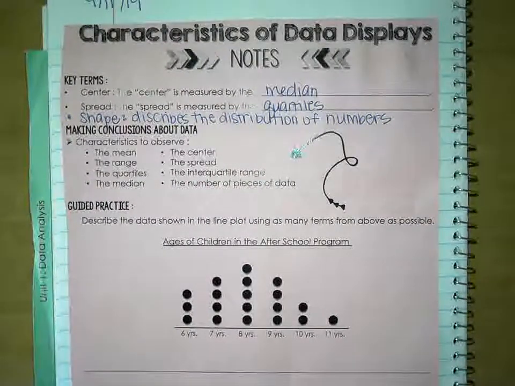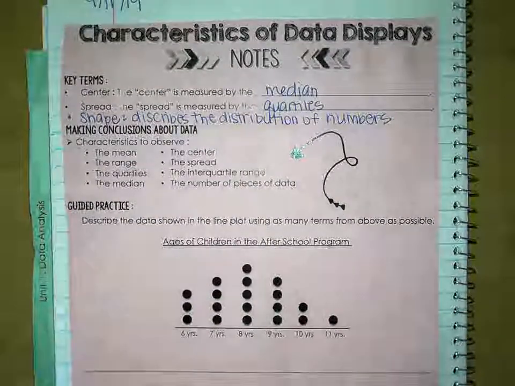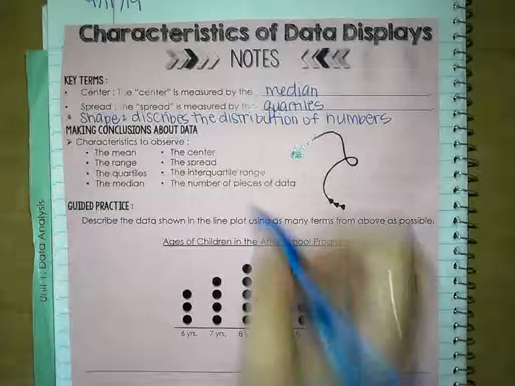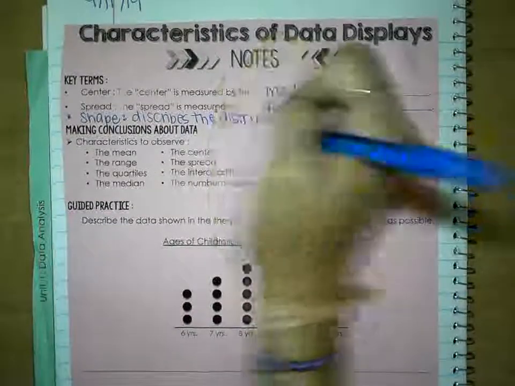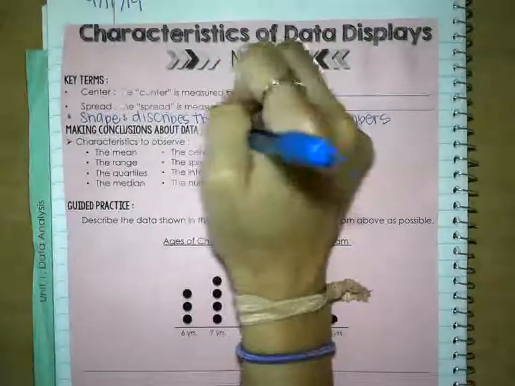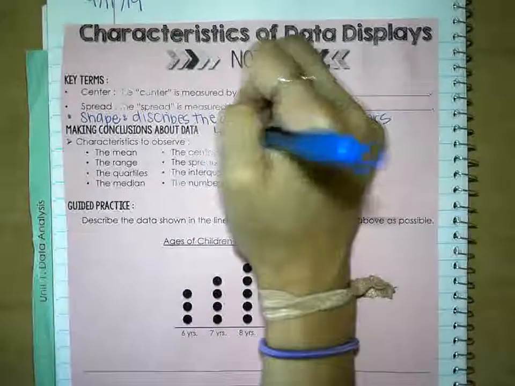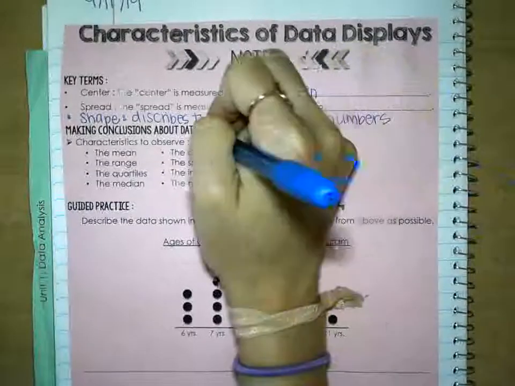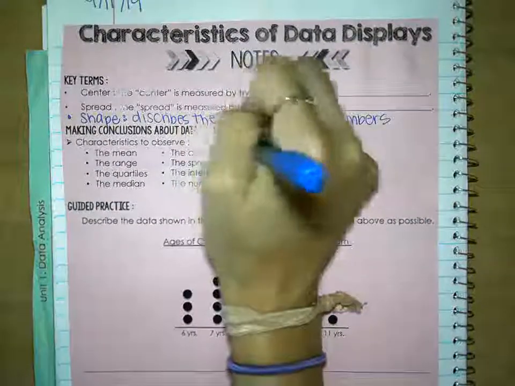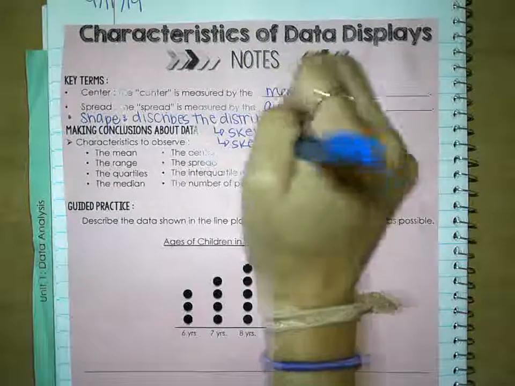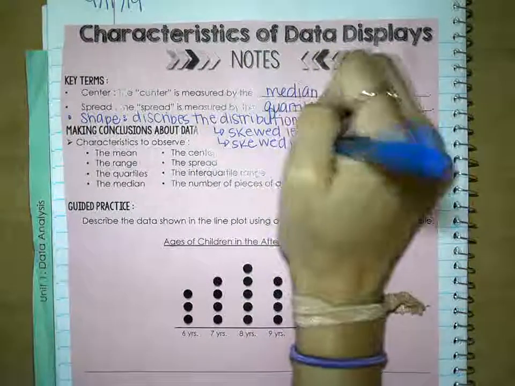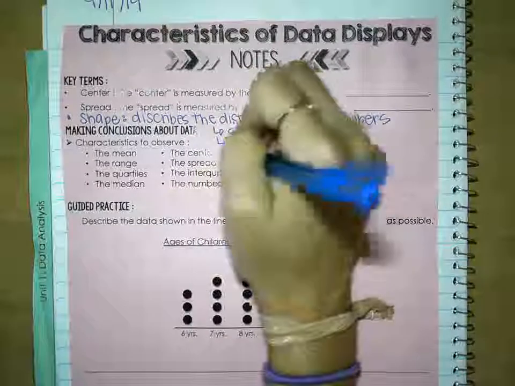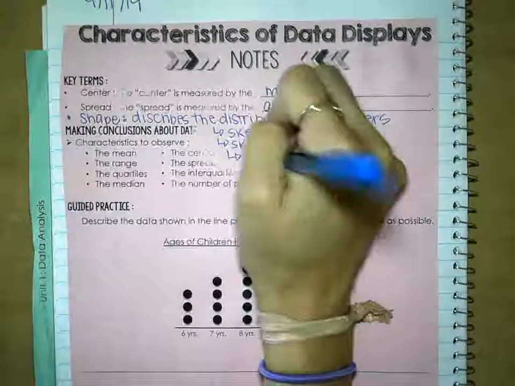How is it distributed? When we look at line plots, histograms, and box and whisker plots, this is where we see things like it could be skewed left, it could be skewed right, or it could be symmetric.